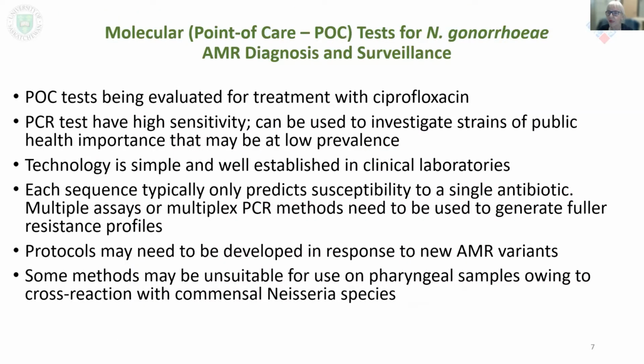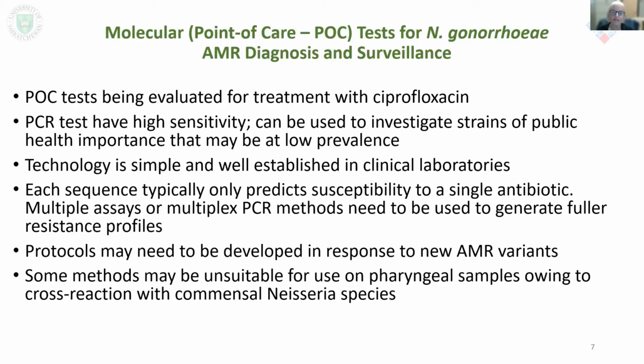Molecular point of care tests would be required for individualized treatments. They are being evaluated presently for the treatment with ciprofloxacin. They give a high sensitivity and specificity, and usually these are PCR tests. The technology is well established.